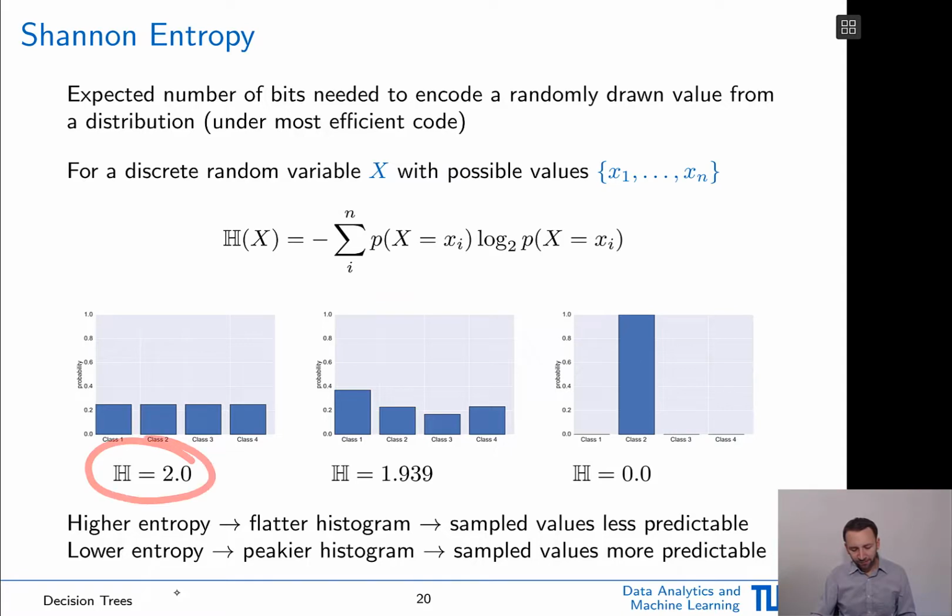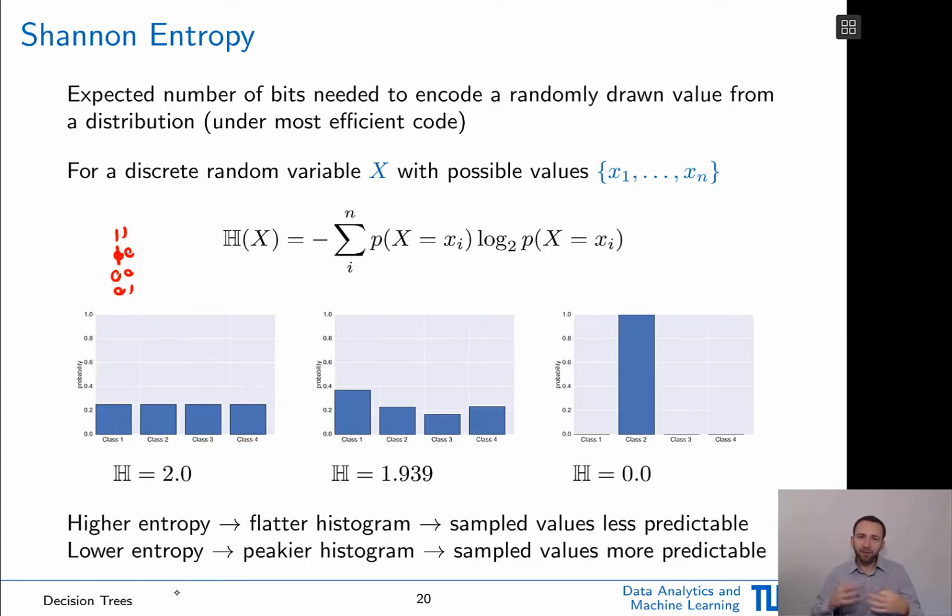So what is this 2? This 2 can be represented as the number of bits required to encode the information hidden in this region. So 2 bits, I guess you can all relate to this, right? So we can, for example, encode class 1 as 0 0, the other one is 0 1, then we have 1 0 and 1 1. So we need 2 bits to encode all these 4 different cases, okay? Assuming they are all equally distributed.